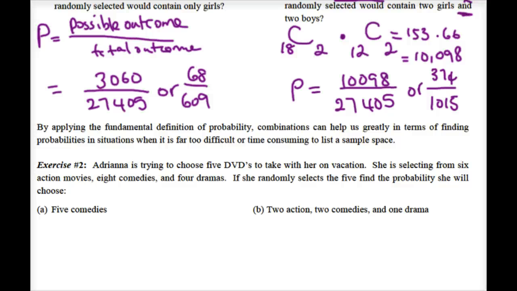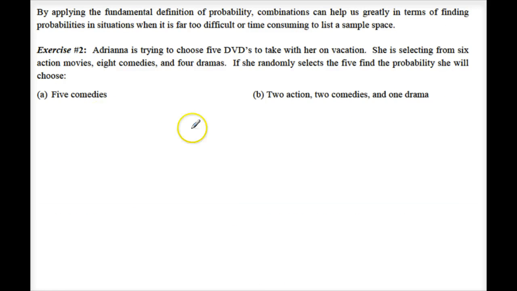So, again, when you think of probability, you want to think of total outcome. So let's see. She has 8 comedies, 6 action, and then she has 4 drama. So in total here, there are 18 DVDs that she needs to choose from.